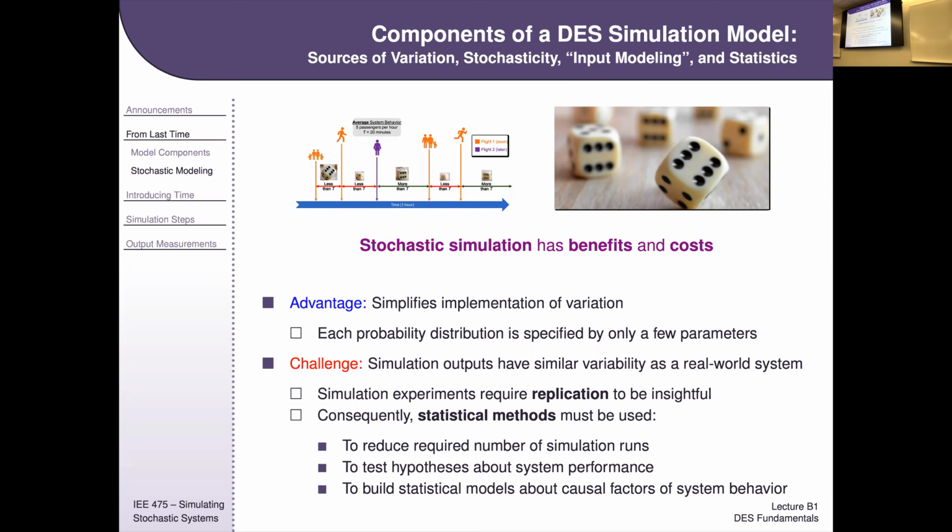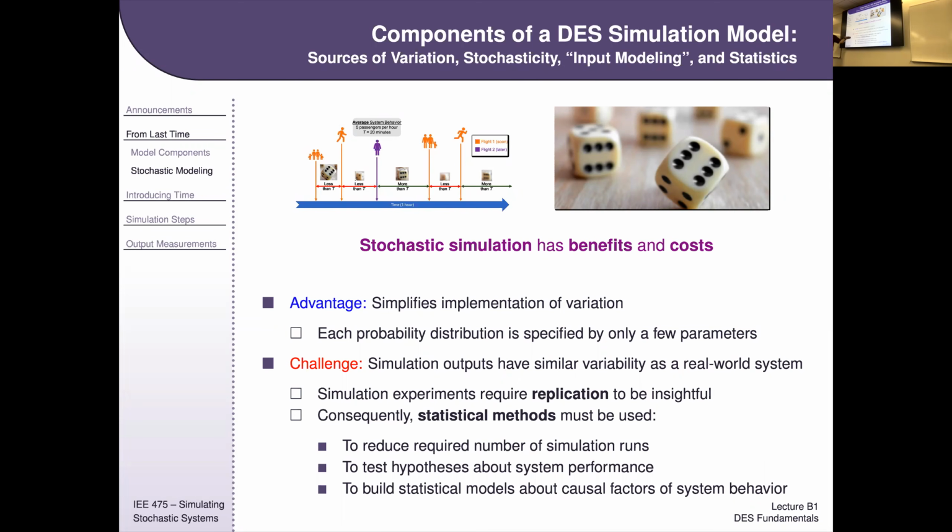We might have to run 10 simulation runs and say, look, in 7 out of those 10 runs, our new strategy was better. So we then need statistical methods to say that 7 out of 10 is enough for us to infer that, on average, our new operational strategy is better than the baseline.